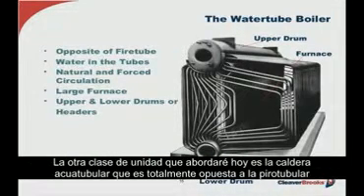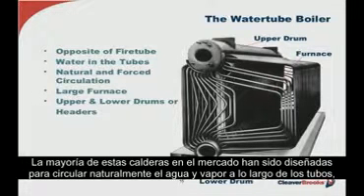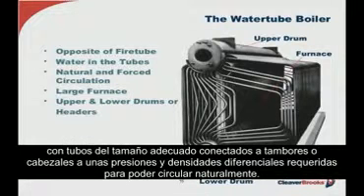The next major design category we'll be addressing today is the water tube, which, as indicated, is just the opposite from the fire tube, as the water is in the tubes and the fire and hot gases surround them. Now, many of the water tube boilers out in the market today have been designed to naturally circulate the water-steam combination through the tubes, utilizing properly sized tubes connected to drums or headers, providing the pressure density differentials required to naturally circulate.